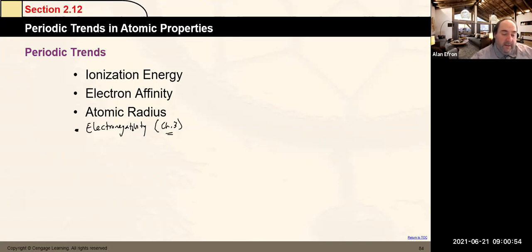And we'll get into more about electronegativity in chapter 3, but just the general trend we'll talk about as well. So one important idea, in terms of periodic trends and why things perhaps lose electrons and don't lose electrons, is what is sometimes referred to as effective nuclear charge, or Z effective.